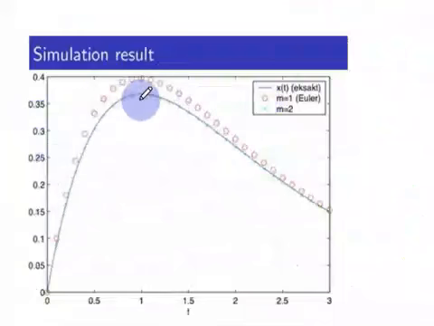So this is the first order Taylor approximation, and this one represents the second order Taylor approximation. You can see that second order approximations are close to the exact solution, not like first order approximations.